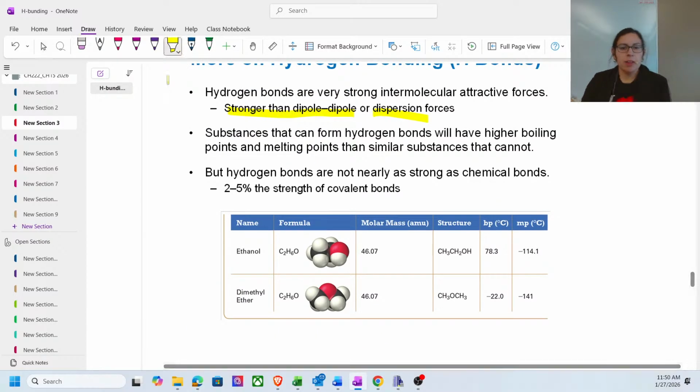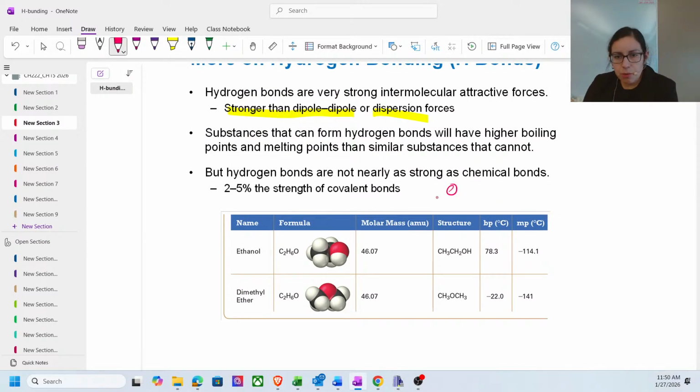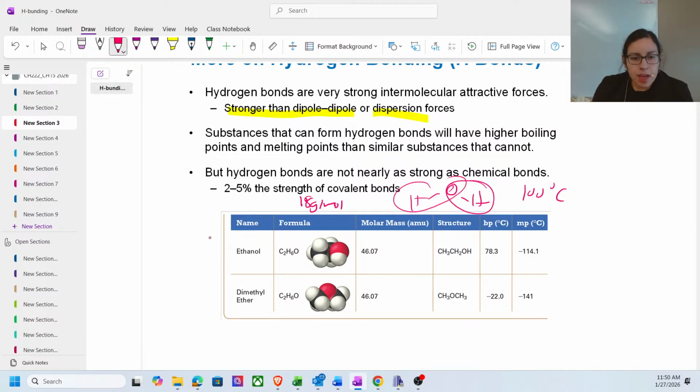And so looking at that, obviously we'll throw water on here. Water has two hydrogen bonds. And so that gives it a boiling point of course, 100 degrees Celsius. And think of how small water is. It's only 18 grams per mole, so that's extremely light. But again, the power of that hydrogen bond. And then comparing other substances, ethanol. Ethanol just has one hydrogen bond, and we see that's still significant.